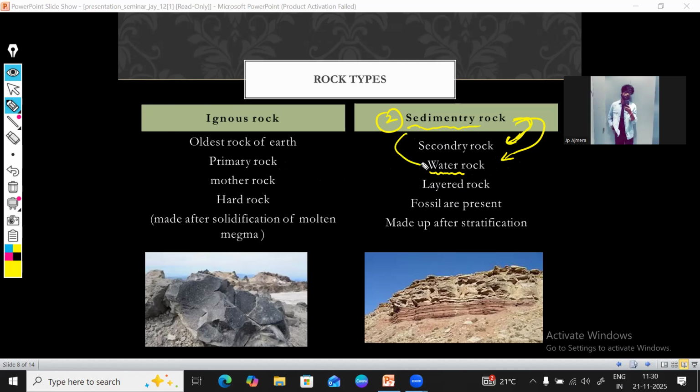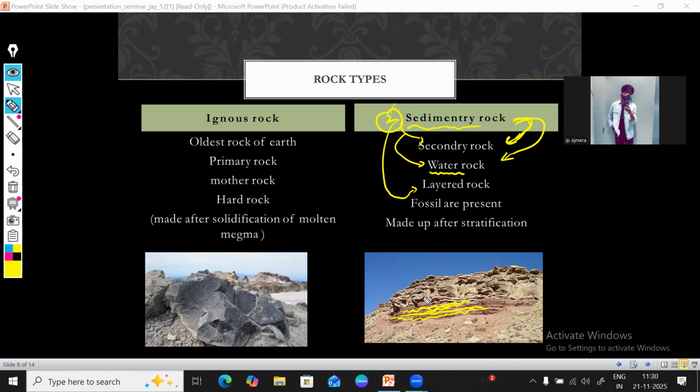That's why it's called sedimentary, water rock or secondary rock. And we call it a layer rock as well. You can see in the picture that layers are deposited. When the sediment is deposited in layers, the new rock is formed. That's why we call it a layer rock, because you can see the layers in the soil profile.